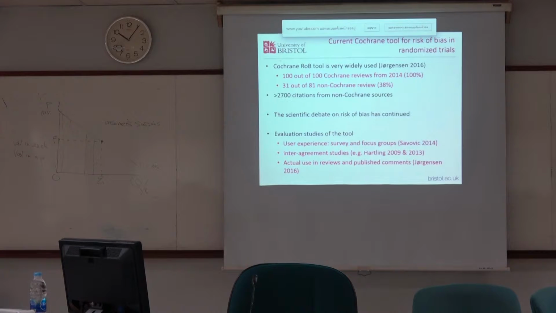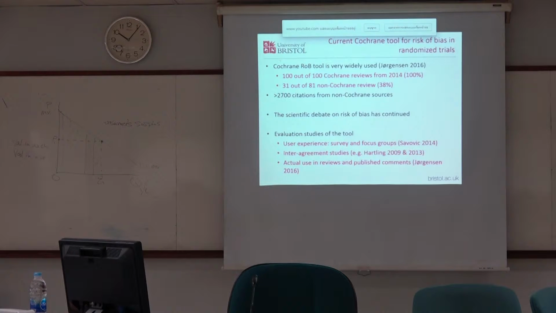Now, the current Cochrane risk of bias tool is very widely used. In an evaluation of the tool done earlier this year by Lars Jorgensen and colleagues, published in Systematic Reviews Journal, they had a look to see how often it was being used, and noted that in 100 Cochrane reviews published in 2014, the tool was being used in all of them. But it was also being used in about 38% of non-Cochrane intervention reviews as well.